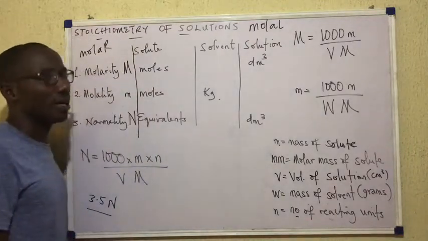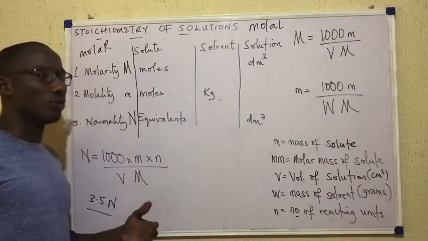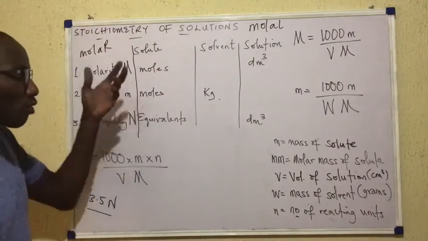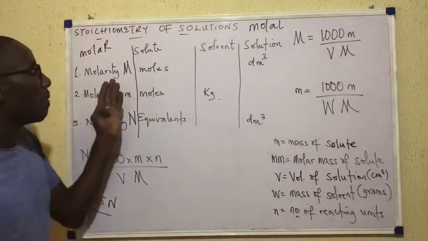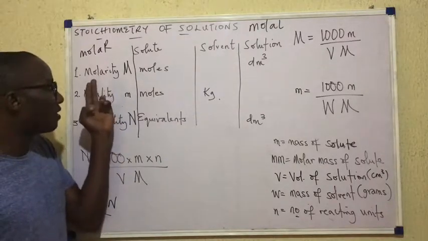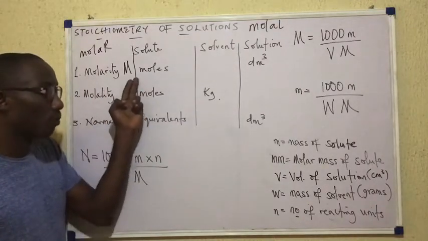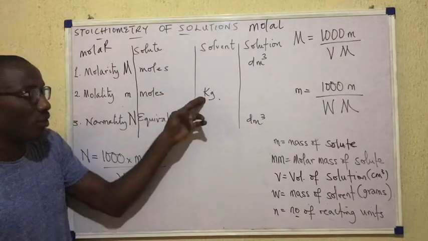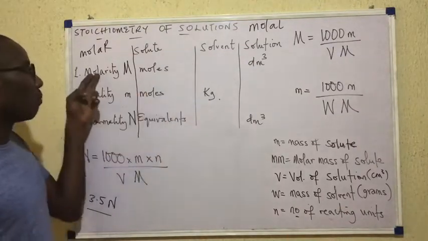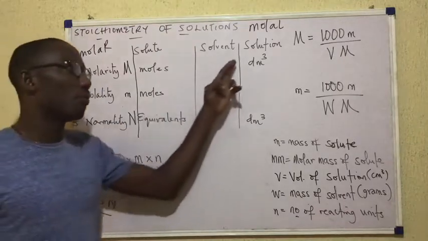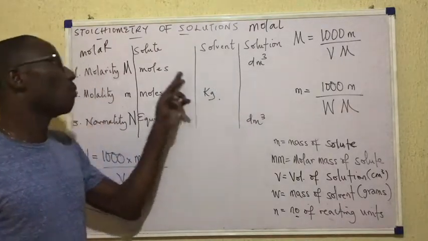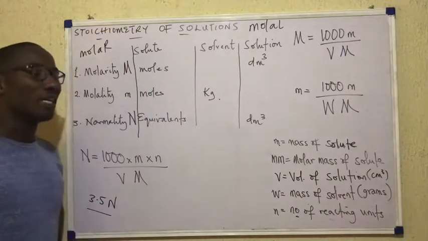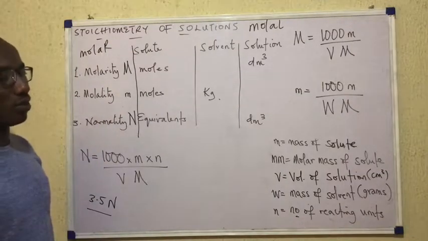So if you check, it appears like molality and normality have something in common with molarity. In terms of molarity and molality, they are both moles, just that while one is per dm cube of solution, the other one is per kilogram of solvent. Then for molarity and normality, they are both per dm cube of solution. But while one of them deals with moles of solute, the other one deals with equivalents of solute.